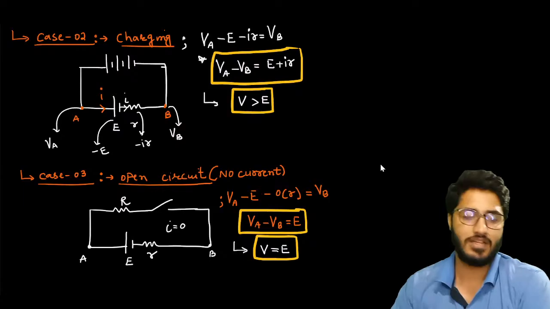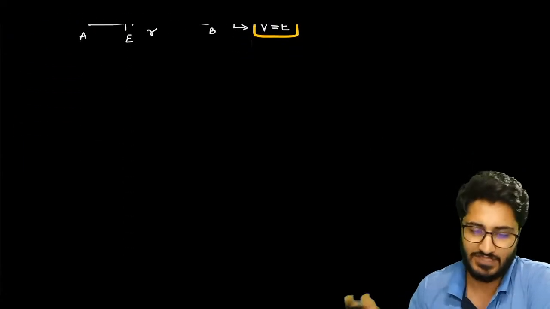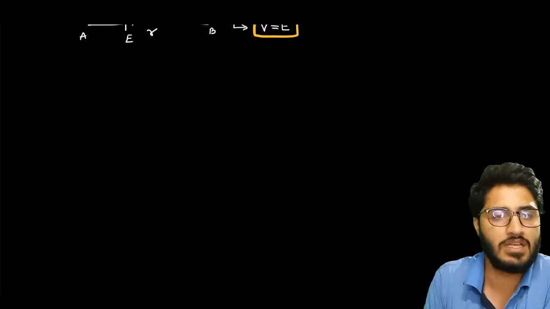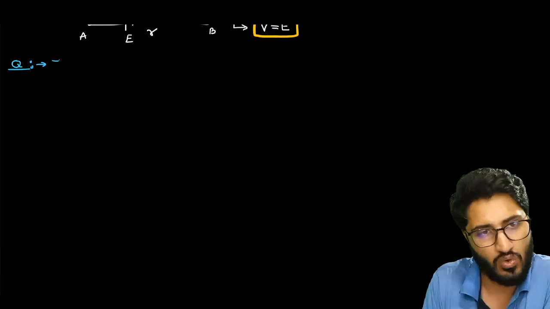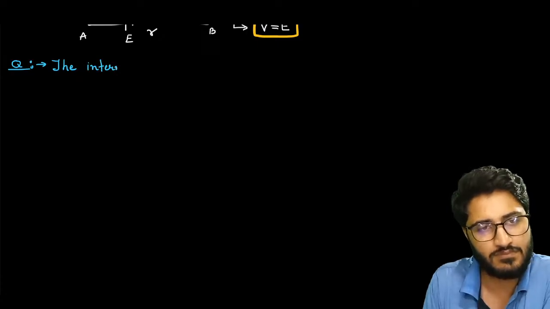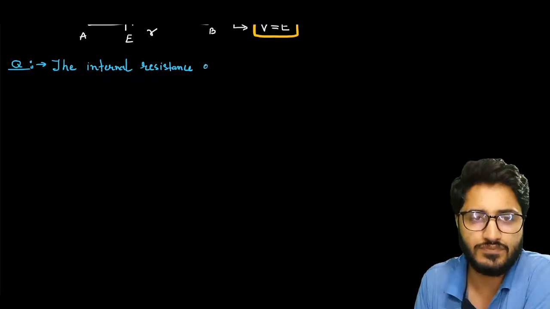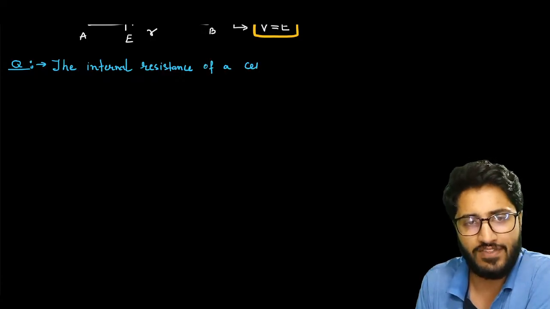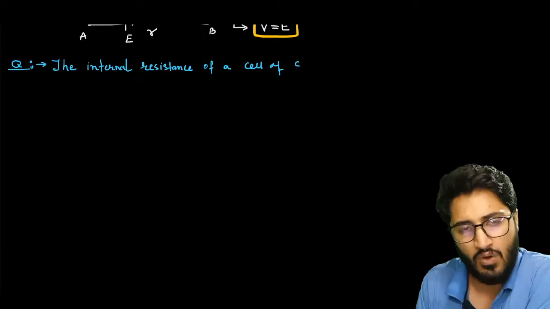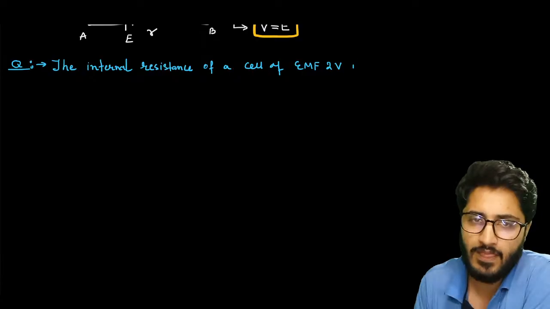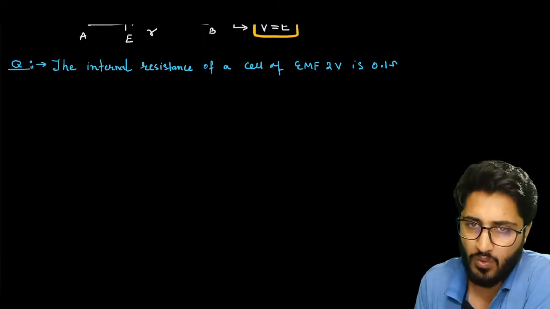Now, let us discuss some numericals. Numerical number first. The internal resistance of a cell of EMF 2 volt is 0.1 ohm.